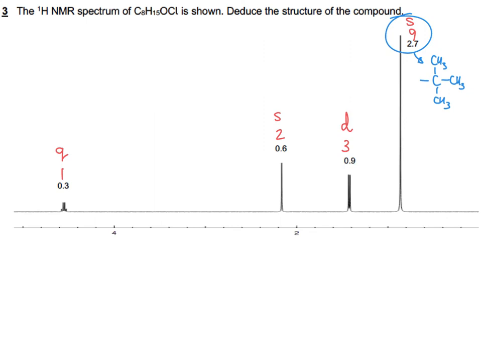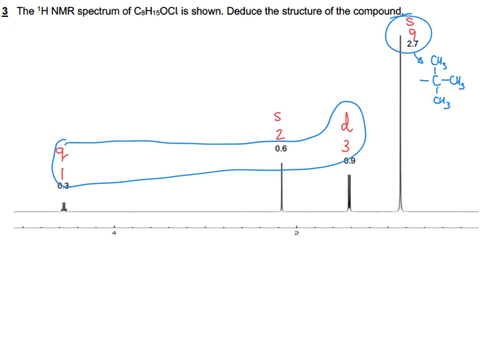Something else that leaps out, although this is less common, is that we have a quartet and a doublet. You're going to have to refer back to the table, but the quartet is 1 hydrogen and the doublet is 3. So we have this bit here. The group that refers to must be like this.